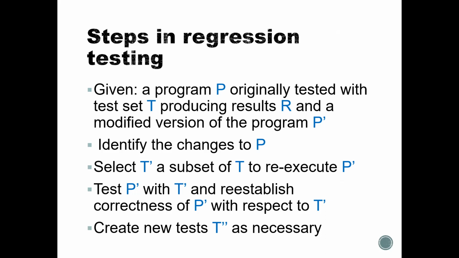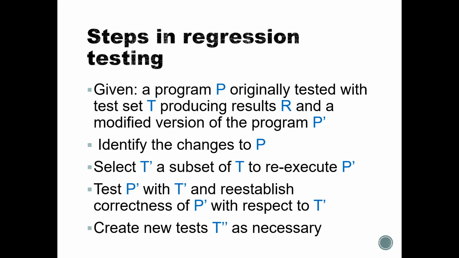Our goal is to identify the changes to P, and then select T dash, which is a subset of T. Like I told you, you cannot use the entire test set T that you have tested on P, because it is a very time consuming task and needs resources, manpower, money, everything. So you need to find a certain subset T dash to re-execute on P dash.